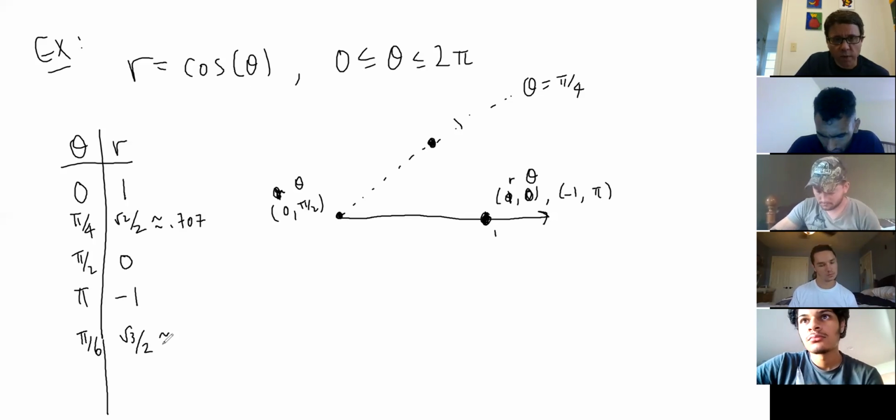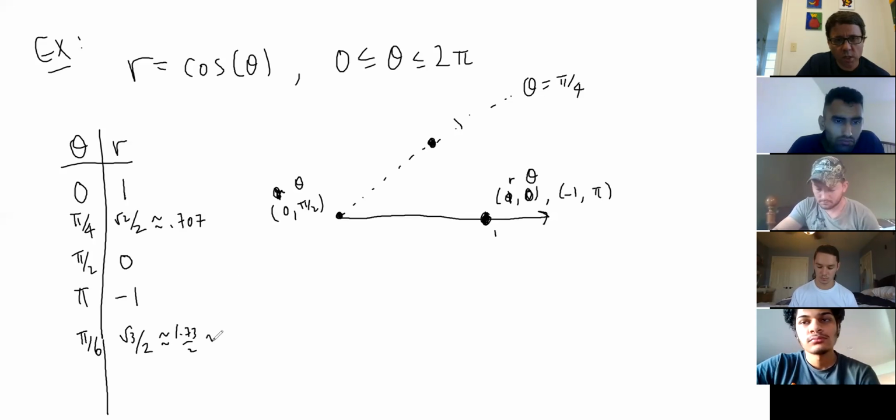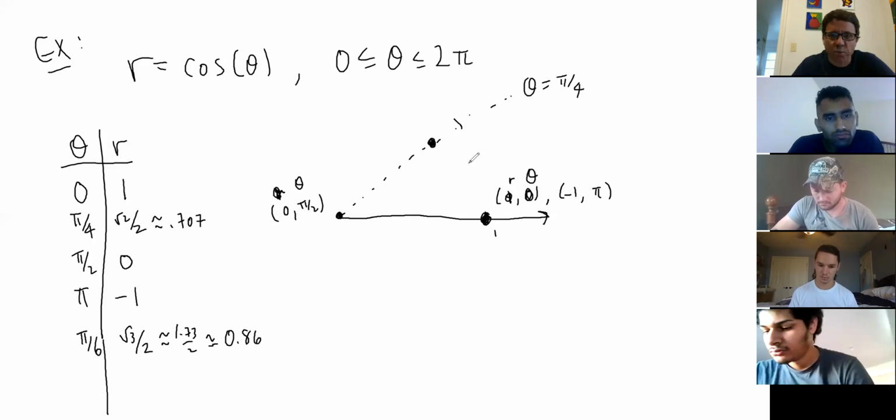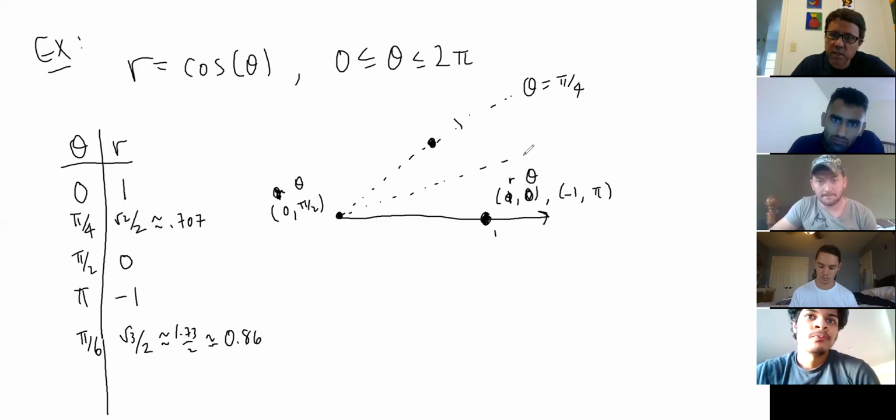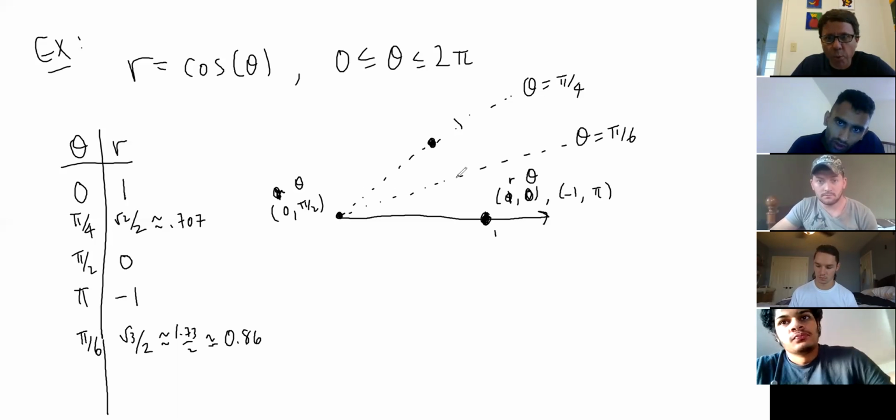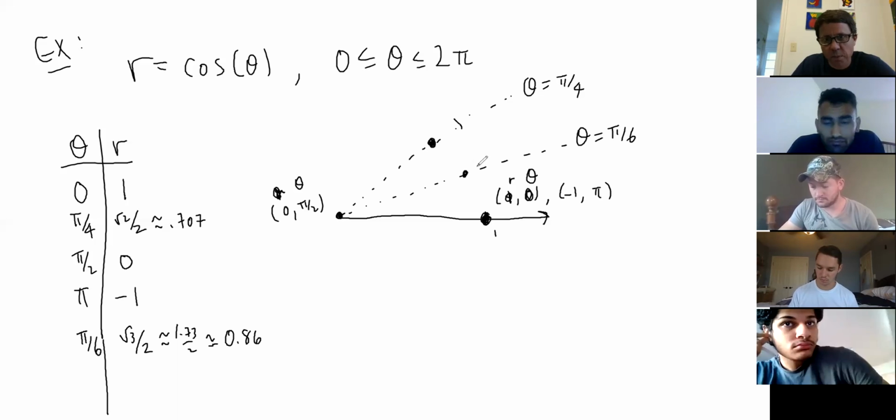So that is around 1.73 divided by 2, so around 0.86-ish. Again, we're not going to have super accuracy on the graph, but I go 30 degrees, which is roughly there, and I go 0.86 units out. It's not quite 1, maybe 1 is about right there.